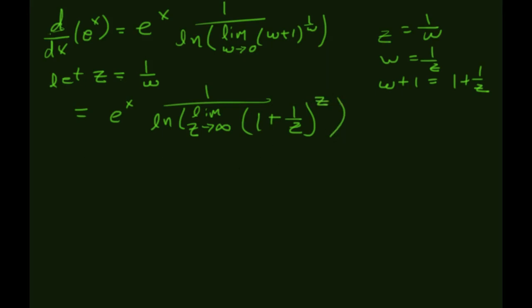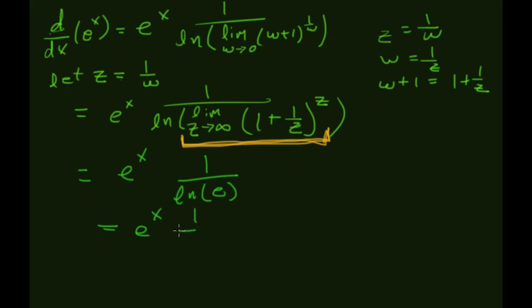Aha! Here's the cool moment. This limit should be familiar. The limit as something goes to infinity of 1 plus 1 over that something, to that something, just happens to be e. So that's the natural log of e, and the natural log of e is 1, and 1 over 1 is 1.